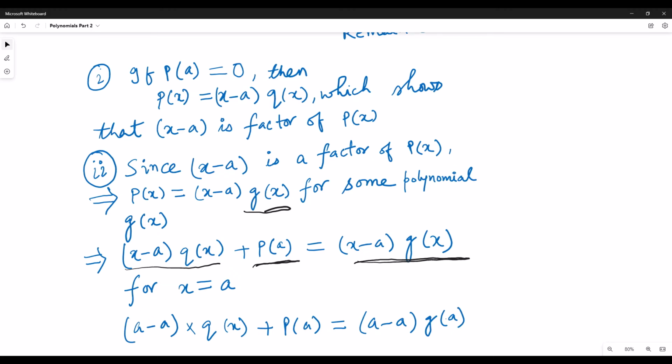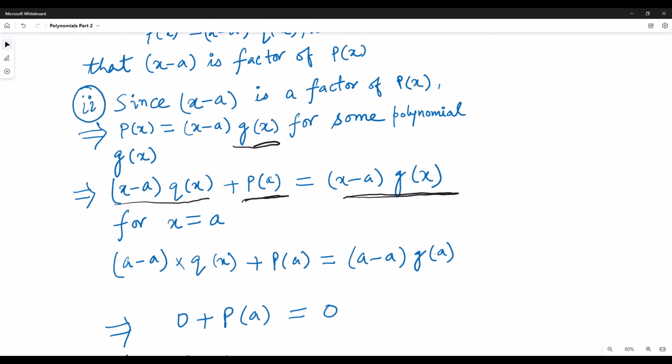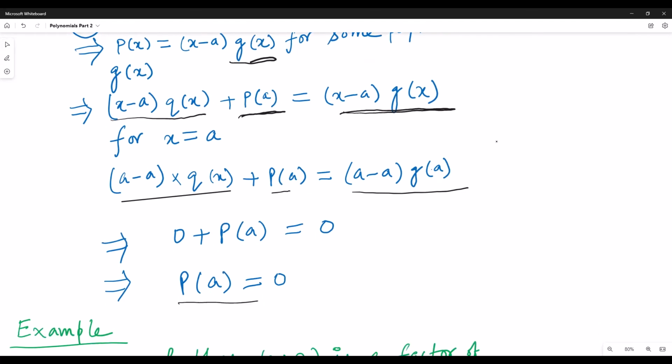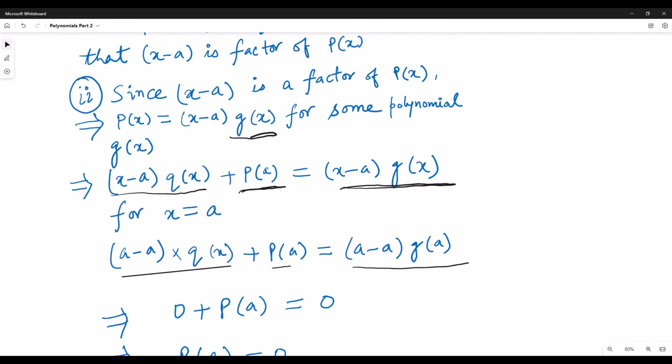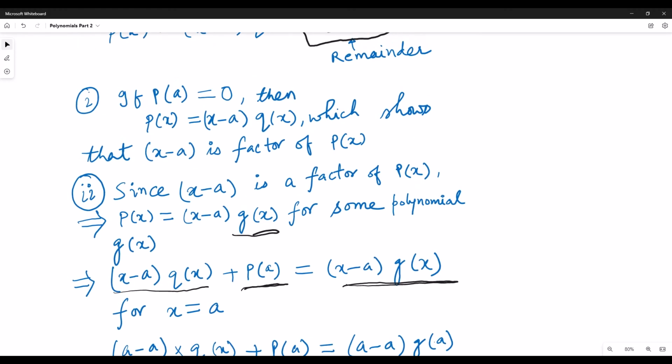And for x equals a, the first expression becomes (a minus a) q(a) plus p(a), and the right side also becomes 0. So for x equals a, p(a) equals 0. So if x minus a is a factor of p(x), then p(a) equals 0.